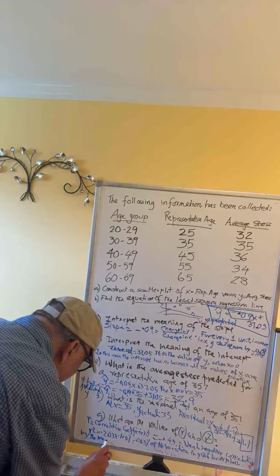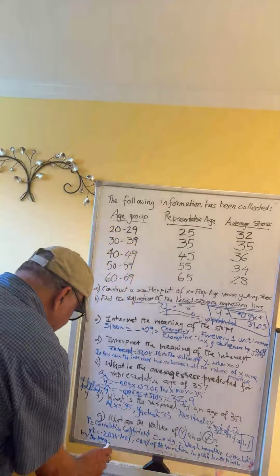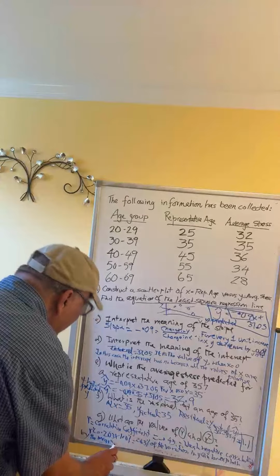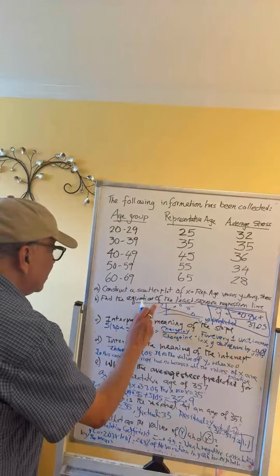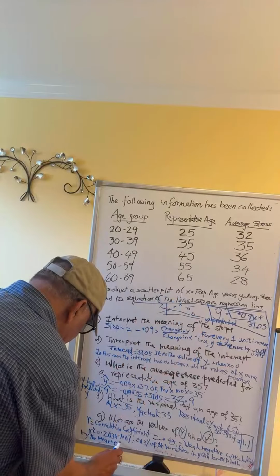Is that good? No. Ideally, we should look for greater than 70%. And I explained to you it's not good because there is a curve in the data, not a linear regression line.